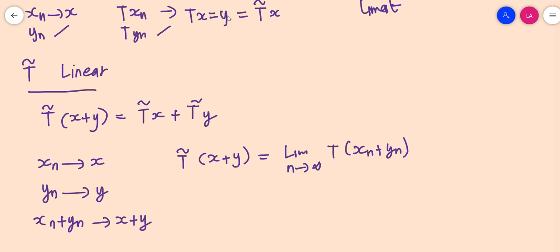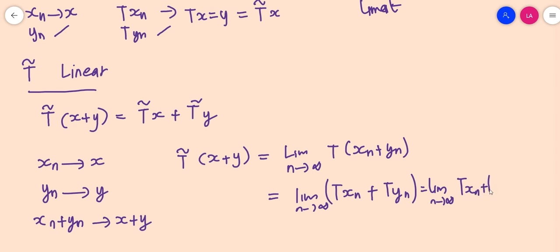This is the limit as n tends to infinity of T of xn plus yn. Since T is linear, this can be written as the limit of T of xn plus T of yn. Now splitting the limits, this is equal to the limit of T of xn plus the limit of T of yn.